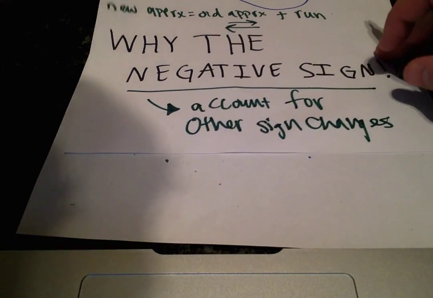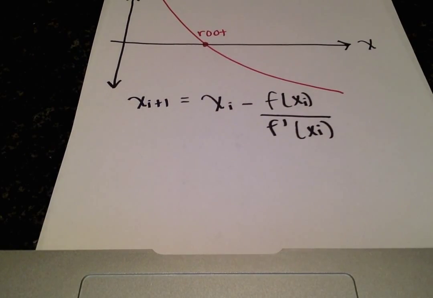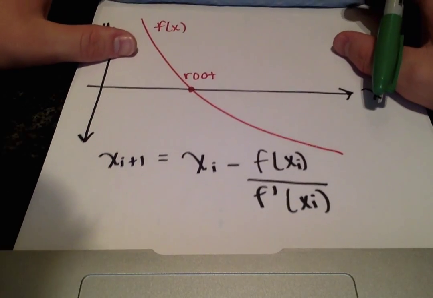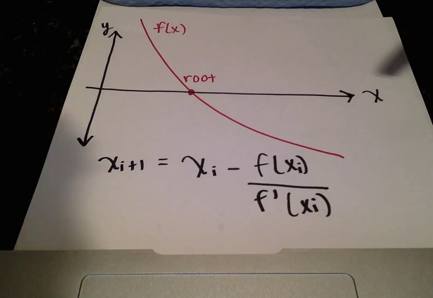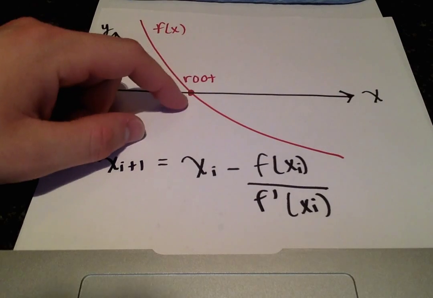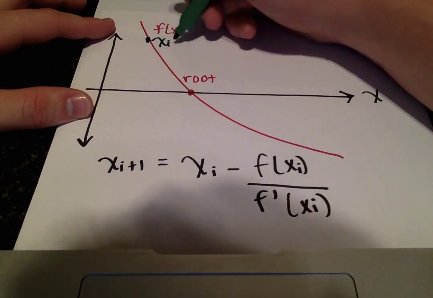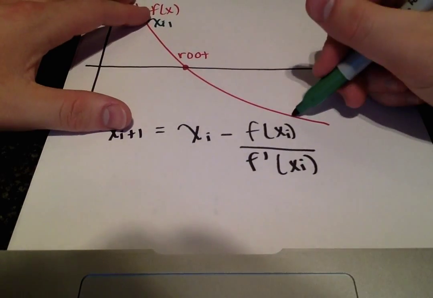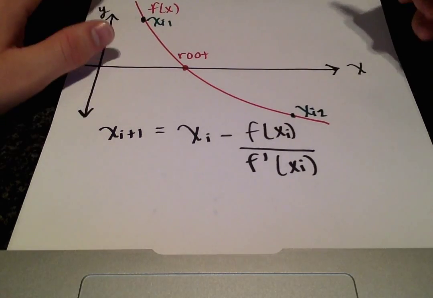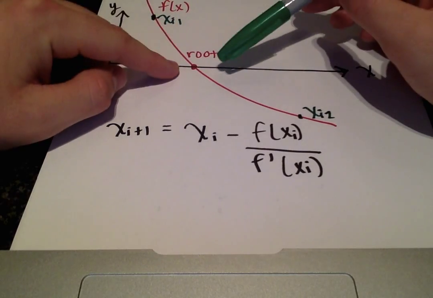And what I mean by that is, if we look at an actual function, this will become pretty clear. Alright, so this is just a function going through the x-axis. Right here we have our root, and what I want to look at is if you were to pick two initial guesses, so x sub i1 and x sub i2. The reason I'm doing this is to show you what happens when you take initial guesses on either side of the root.